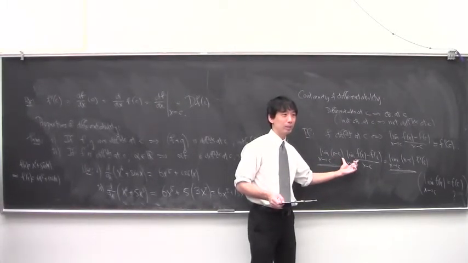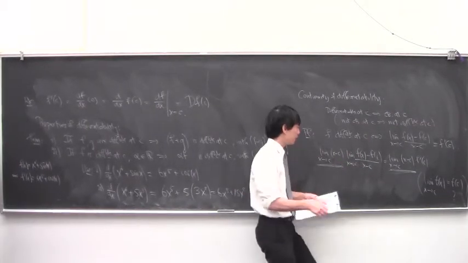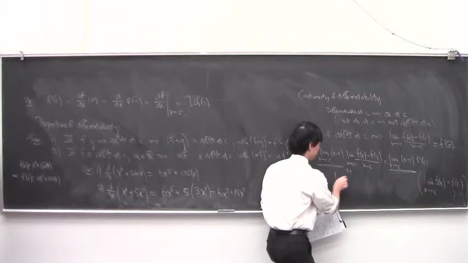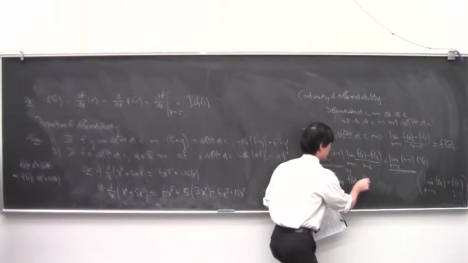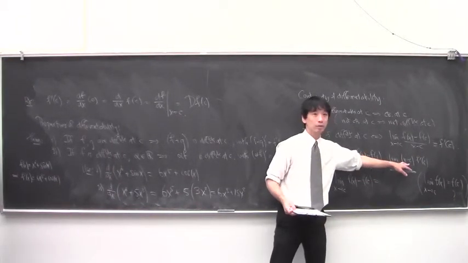Well, what's the product of limits? It's going to be the limit of the product. So here we're going to get the limit of f of x minus f of c as x goes to c. And on the right-hand side, what do I get? As x goes to c, what's the right-hand side?